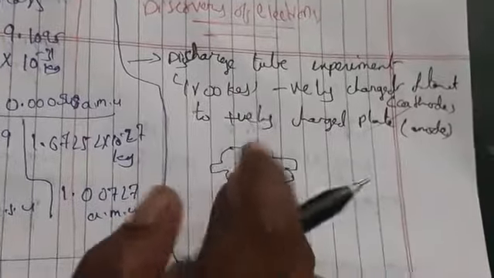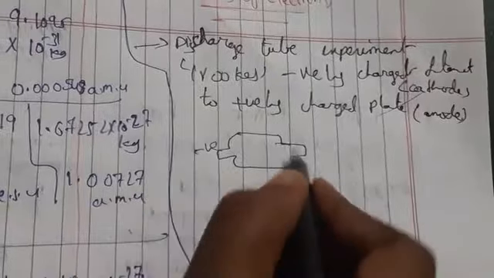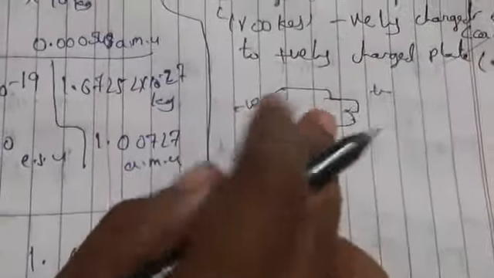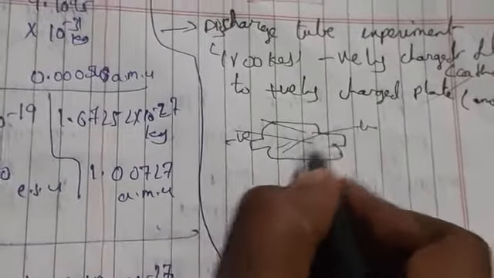What he had observed is that one side we have negative and another side we have positive. The negatively charged particles from the rays are observed on the positively charged plate.